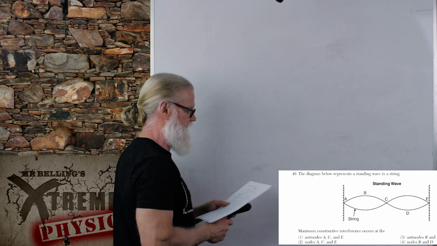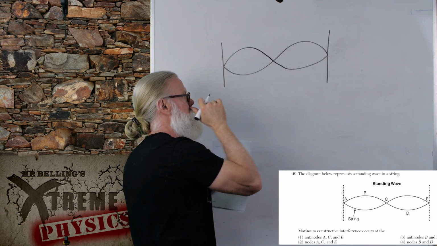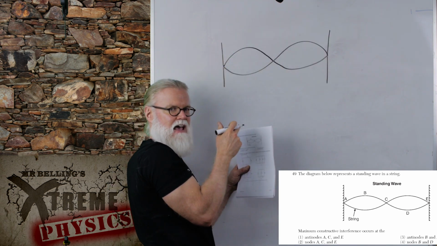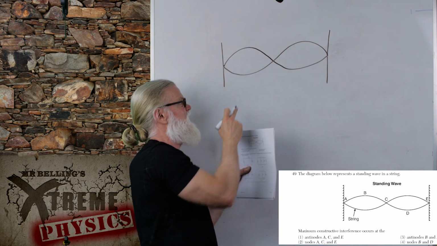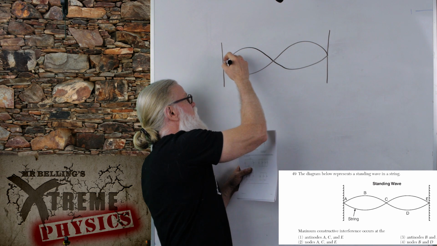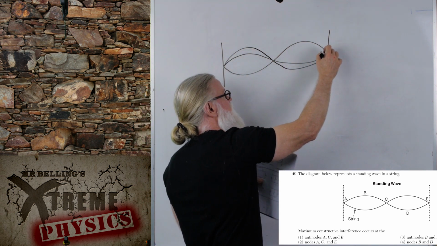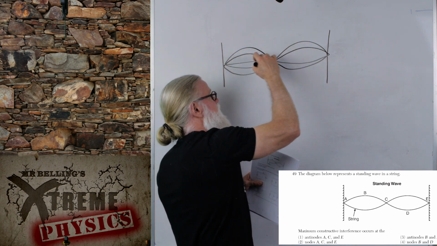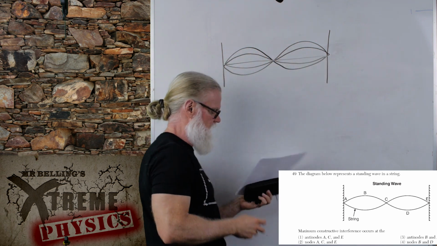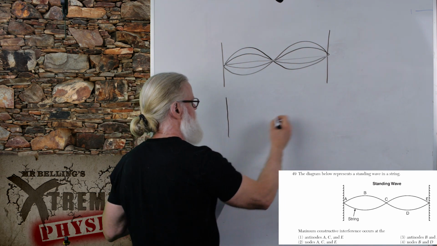The diagram below represents a standing wave in a string. Keep in mind, with a standing wave, this is never actually happening. The string is never here and here at the same time. It's either here, or it's here, or it's in between. So it sets up this envelope, and it turns into a blur. Let me redraw it as we normally do.